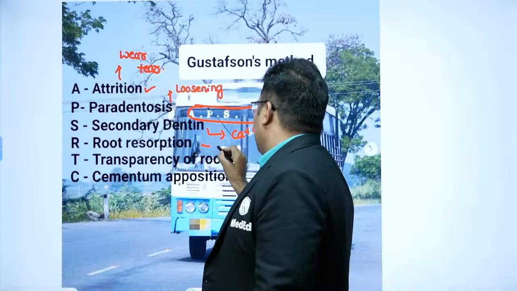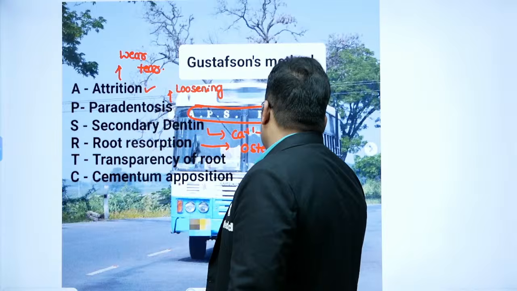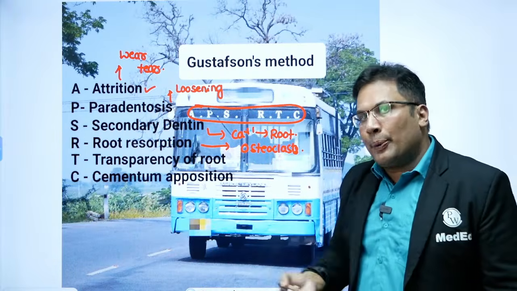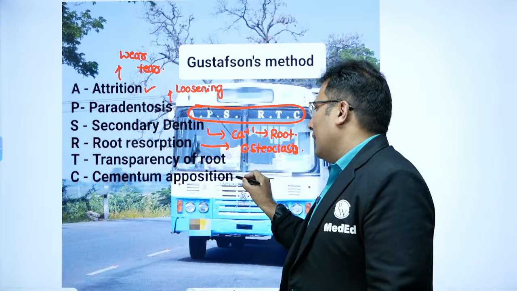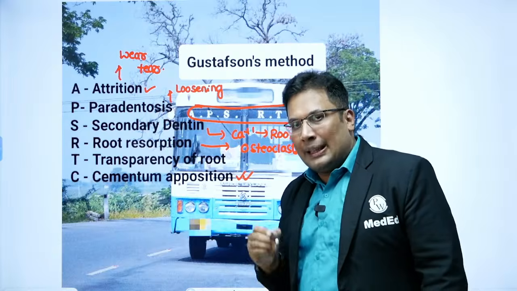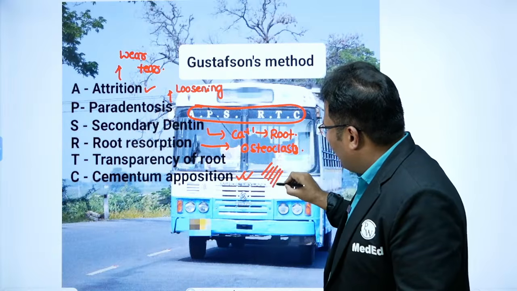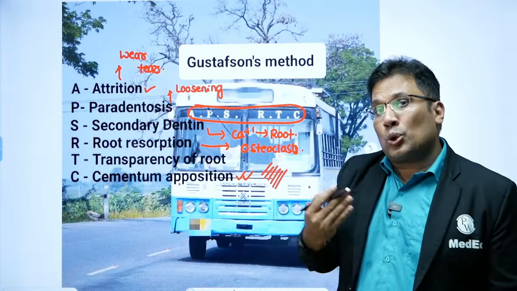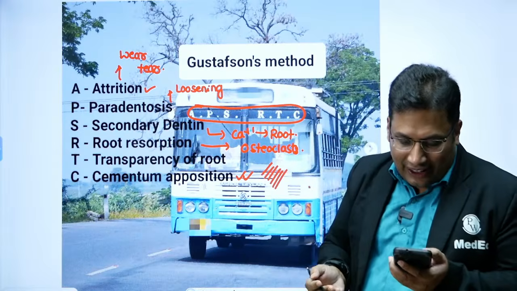Root resorption because of the osteoclast. Then transparency or translucency. Then lastly, cementum apposition, that is incremental lines like this. So you will see incremental lines under the microscope when you visualize the tissue.